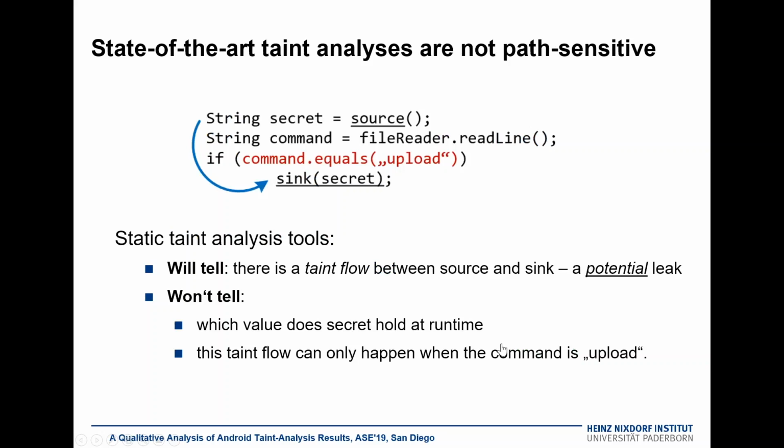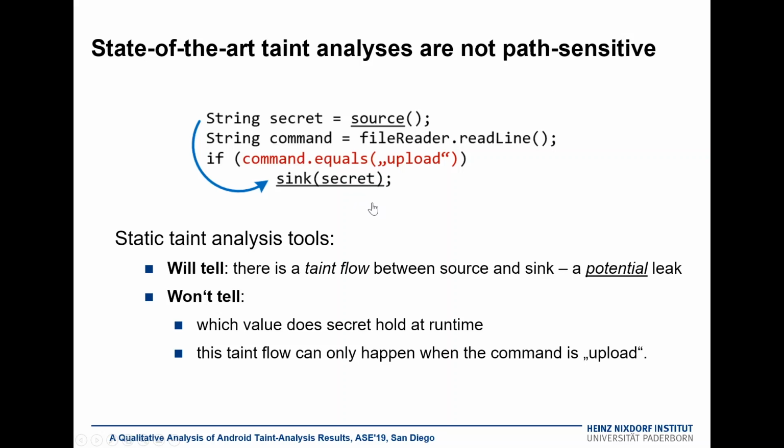However, to the best of my knowledge, state-of-the-art taint analyses are not path sensitive, which means they don't take the execution path into account. As you can see from this example here, static taint analysis tools will tell you that there is a taint flow between the source and sink, which means this is a potential data leak.